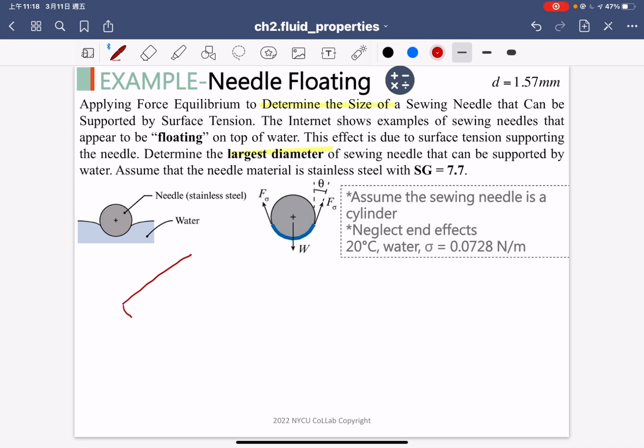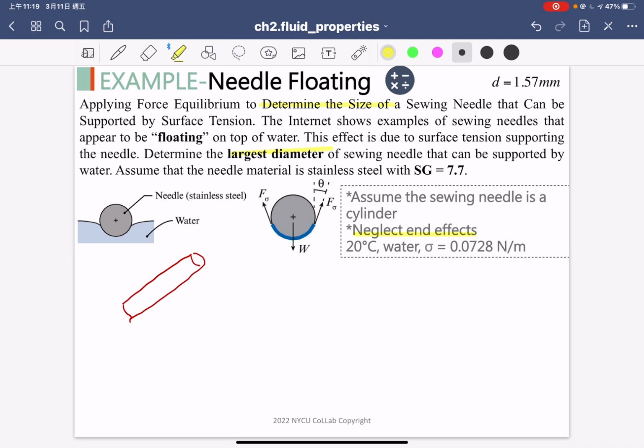Okay, so we just consider our needle here. Maybe this is our needle, and it's not quite correct, right? Because one side of the needle is a pin, not like a cylinder. But for our question, we neglect the end effect. That means we consider both sides as cylinder shape, and some ends are pointed, but we just neglect that.